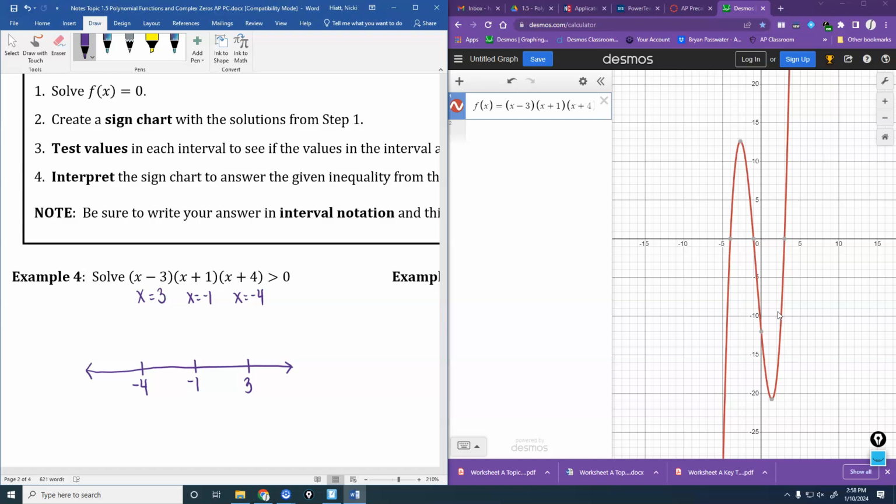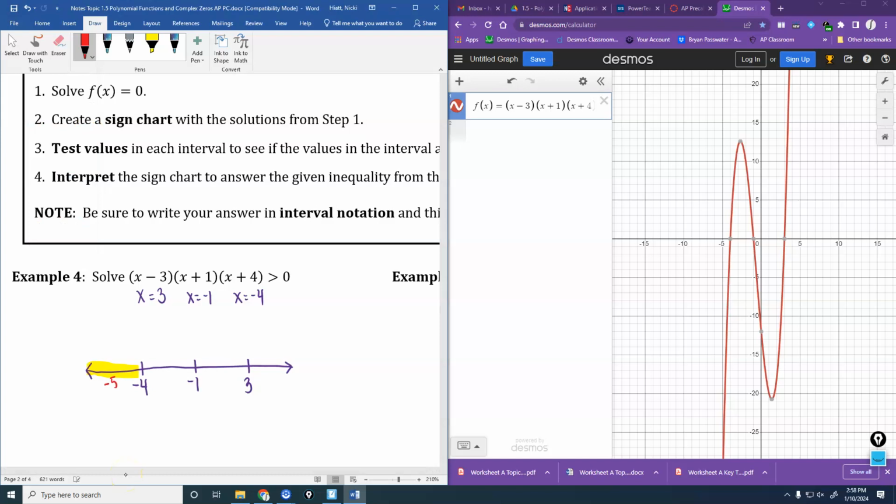You have a couple options on how to do this chart. One thing you can do is take a test point and plug it into the original equation. In this section, I need to pick any number less than -4. Obviously, -5 is an easy number to pick.